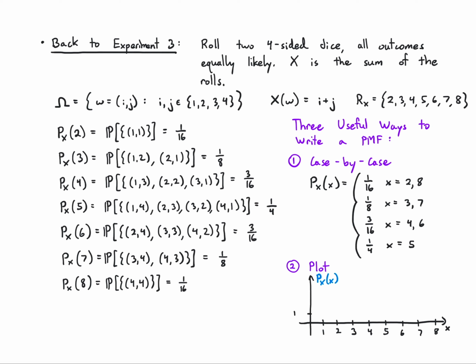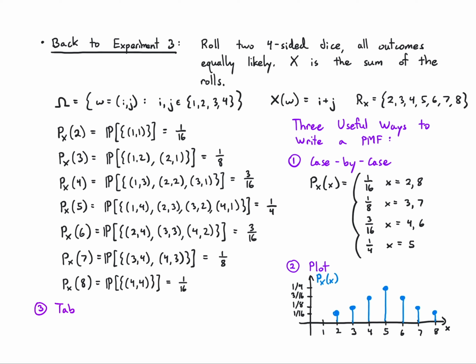Remember that it took values 1 over 16, 1/8, 3 over 16, and 1/4. And so what I'm going to see is an increasing plot starting at 2, going up to 1/8 at 3, then 3/16, then 1/4, and going back down. So 3/16, 1/8, and 1/16. I've just taken these values and plotted them. And maybe this is sometimes an easier thing to look at.